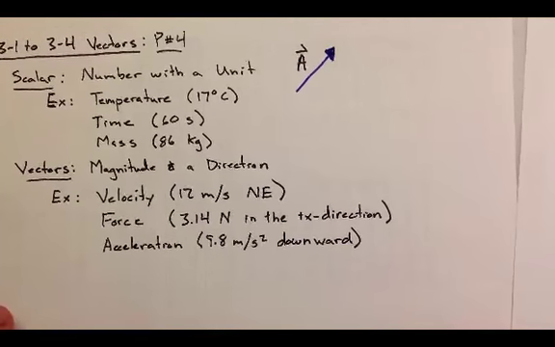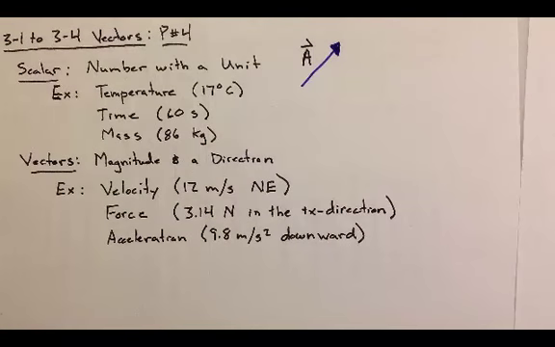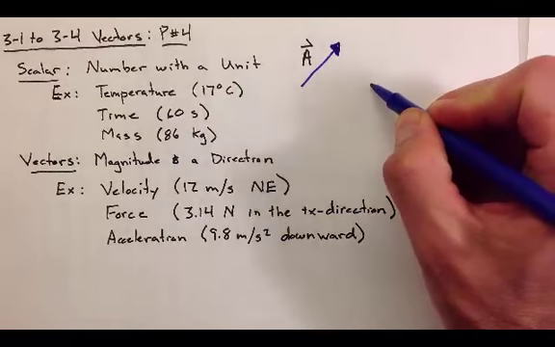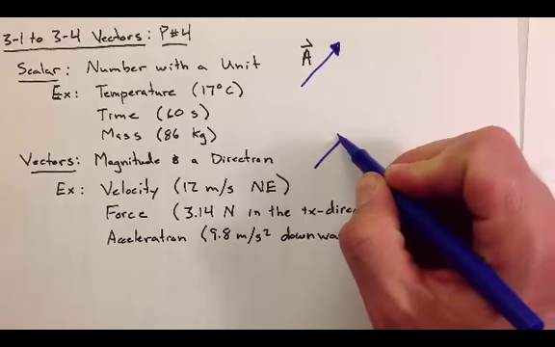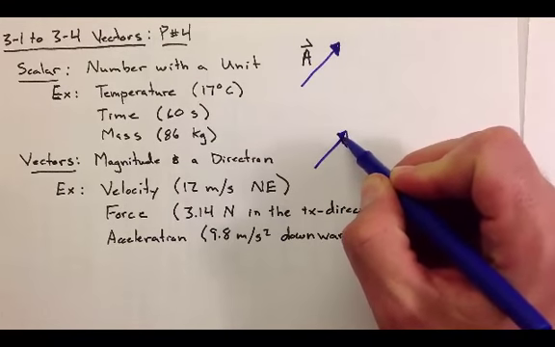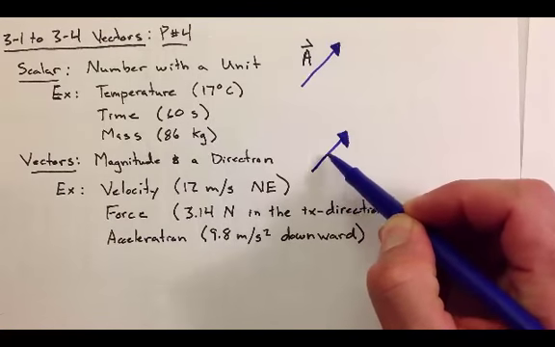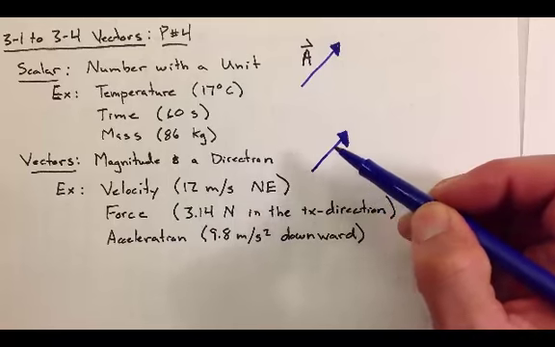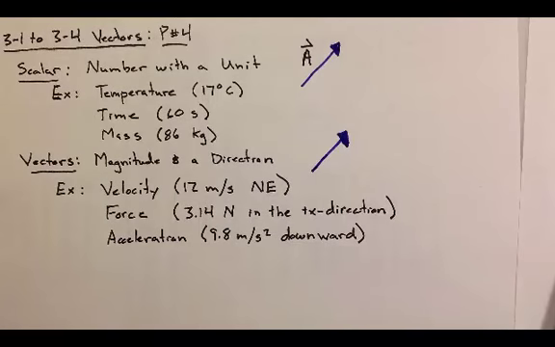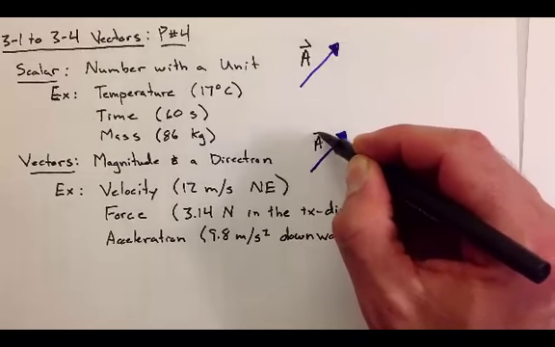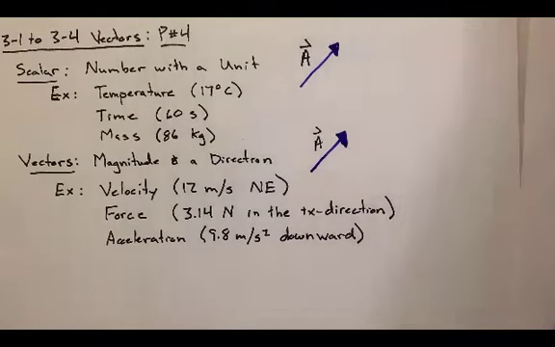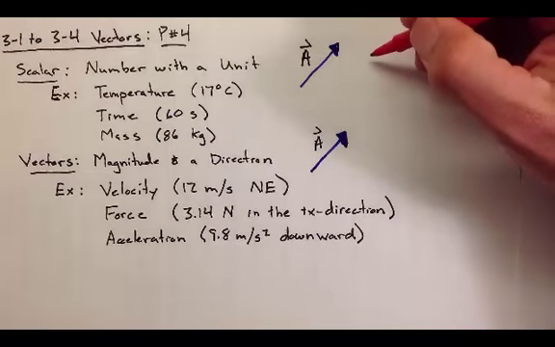Now, vectors have a particular length or magnitude and a particular direction, but they don't have a particular location in space. So while this is vector A, if this is the same direction and same length, then this is also vector A. And I might have another vector.